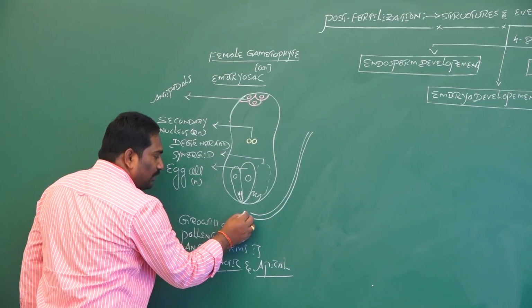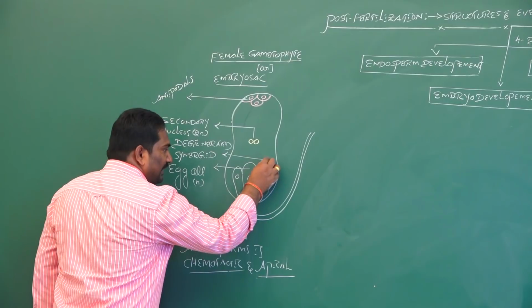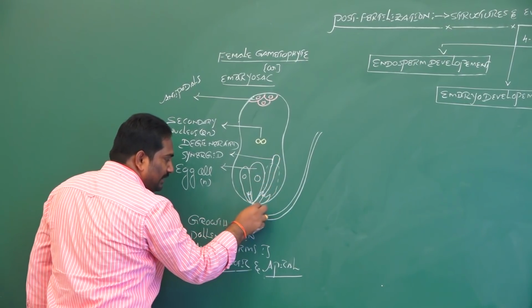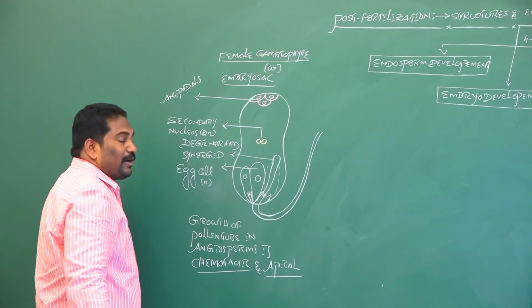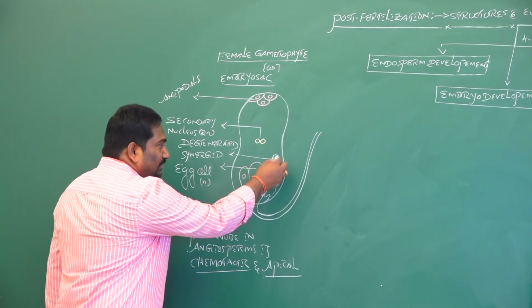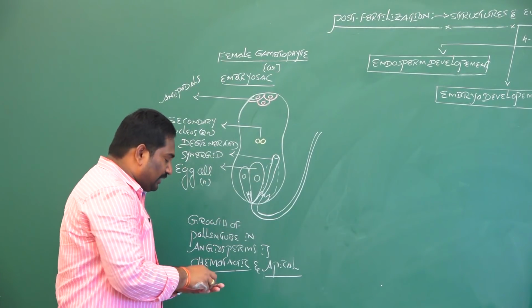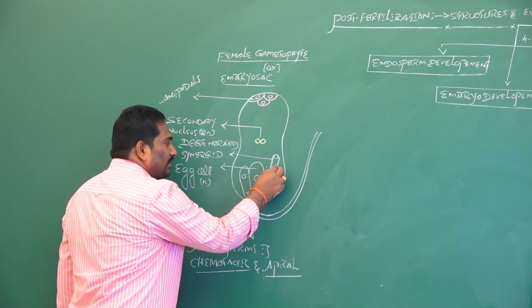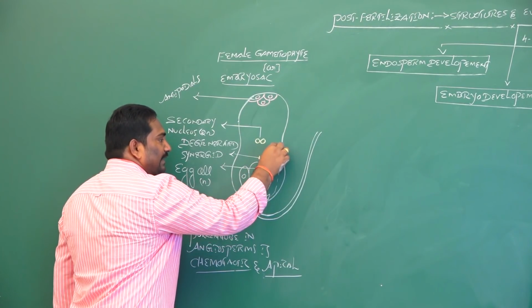And whenever the pollen tube enters the embryo sac through the degenerated synergid, it is attracted by the filiform apparatus. At the tip of this pollen tube, a pore-like structure is formed. Then two male gametes are discharged into the embryo sac.